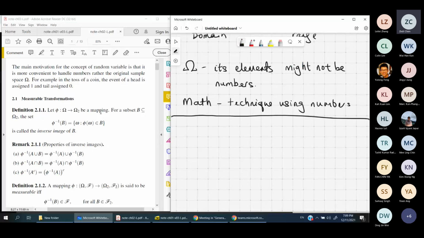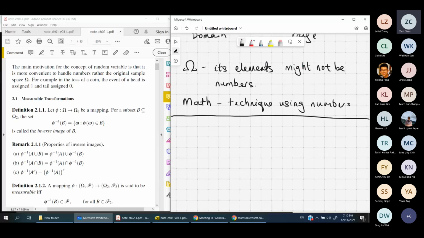Phi is a mapping. Mapping is a function. Phi is a function from omega to omega 2. For any subset B in omega 2, phi inverse of B is all the omega such that phi of omega belongs to B. So this is the inverse image of B. I believe you should have seen this kind of concept in calculus.